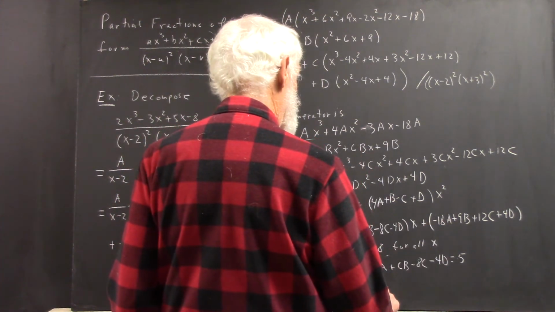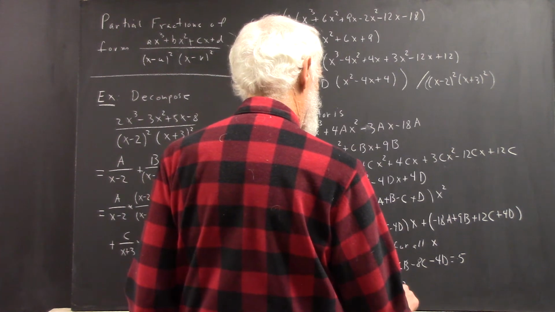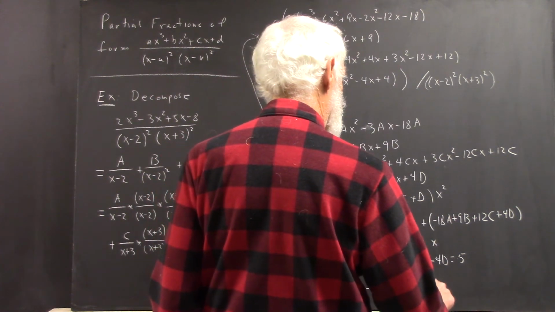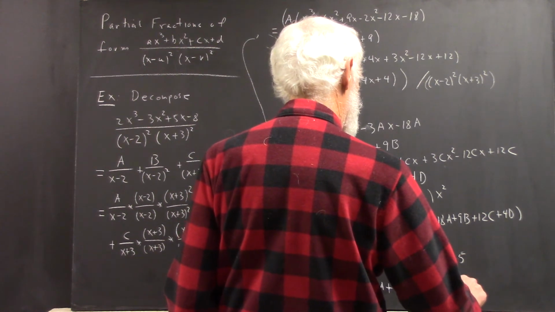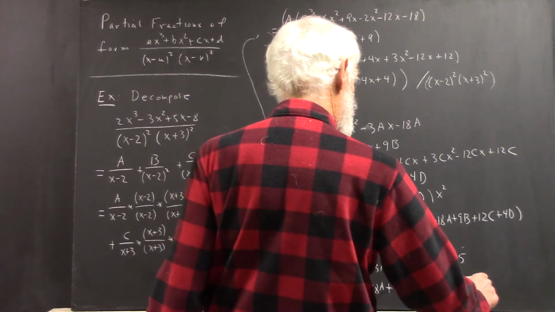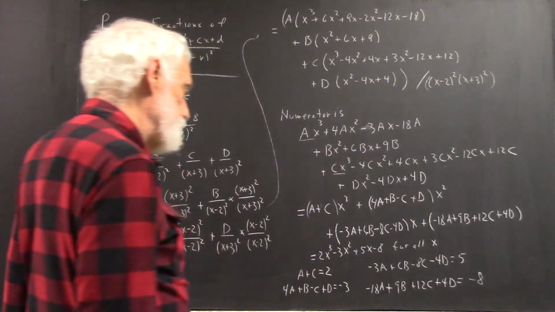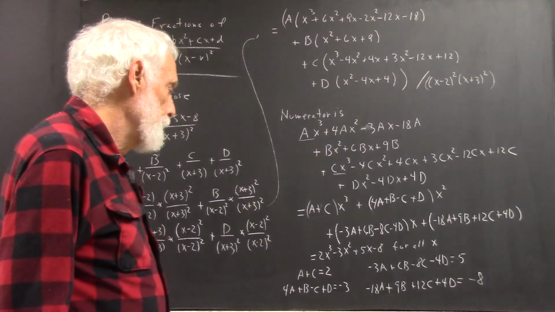And then negative 18a plus 9b plus 12c plus 4d equals the number at the end, which is negative 8. Okay. Well, that's kind of a mess.